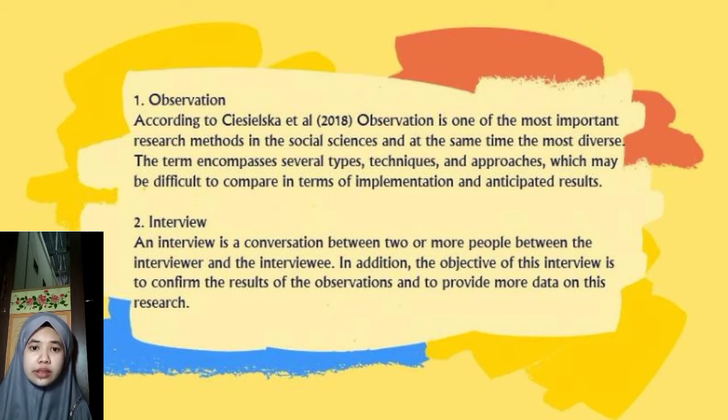The term encompasses several types, techniques, and approaches, which might be difficult to compare in terms of implementation and anticipated result. So, it can be concluded that observation is the process of direct and systematic observation and also recording of the symptom under investigation.